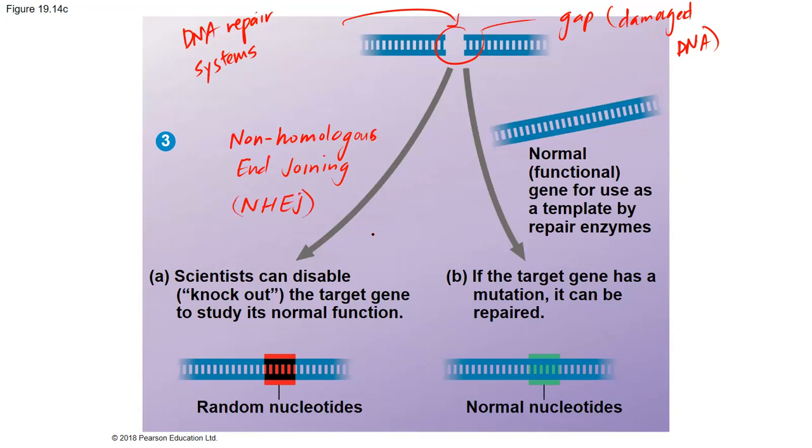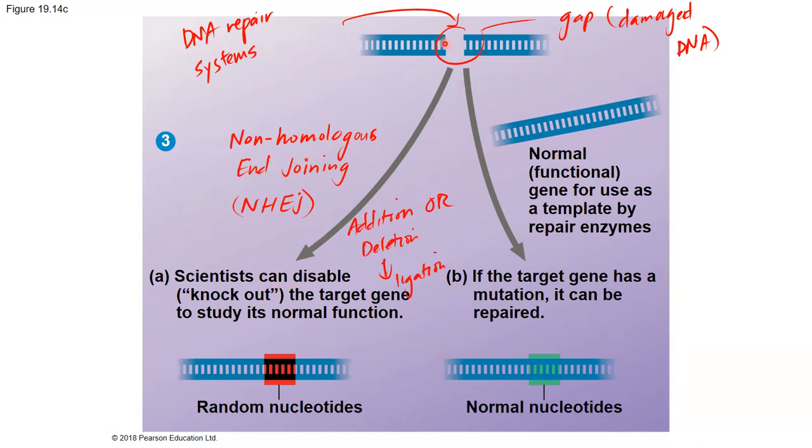In non-homologous end joining, some nucleotides might be removed from here, and then the DNA will be joined together, or some nucleotides will be added. So here we have addition or deletion. Then we have ligation.